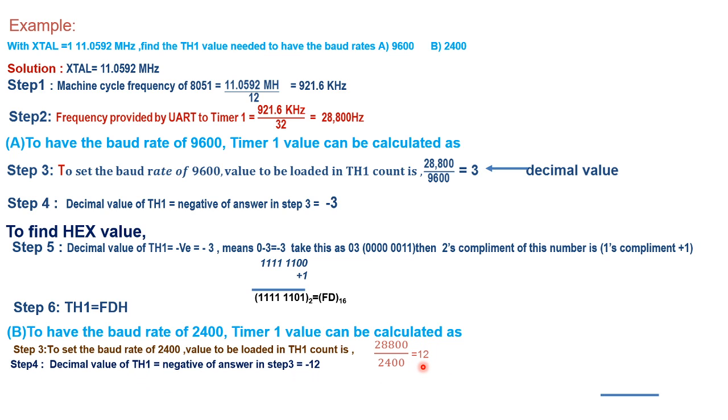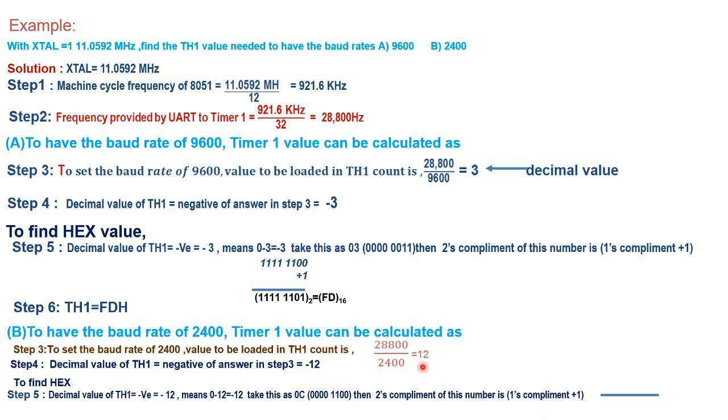So this 12 decimal number is a TH value, which is always negative. So minus 12 will be loaded in TH in decimal, but the hexadecimal value we have to determine.